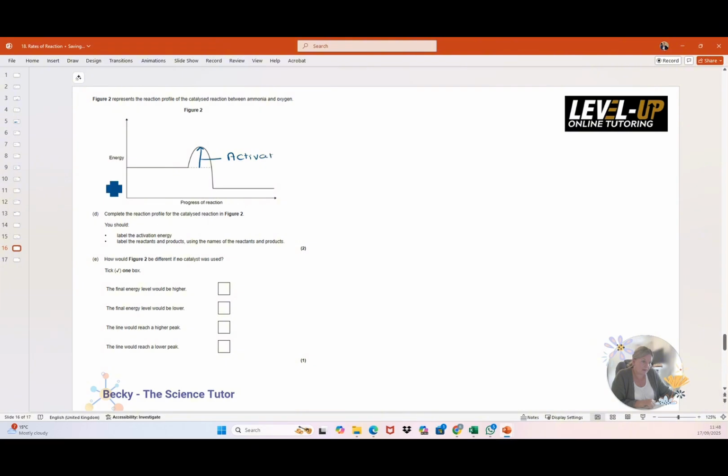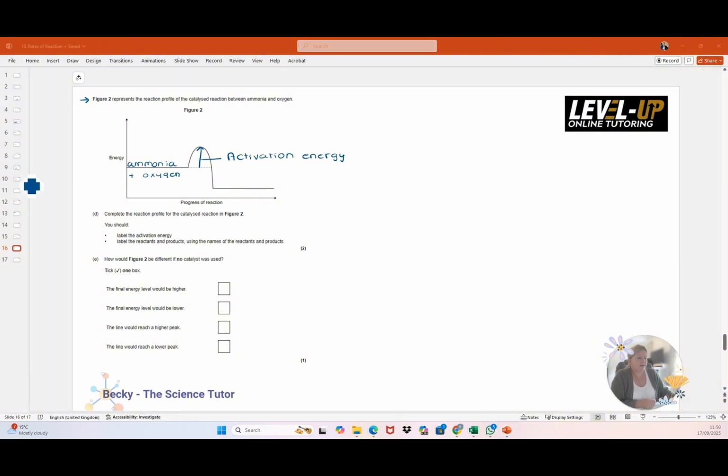So we label activation energy, and then we need to label the reactants and the products using the names of the reactants and products. Okay, so it tells us that information. So it represents a profile of a catalyzed reaction between ammonia and oxygen. So we're actually going to write these on, ammonia and oxygen, and then we need to know what it is that is produced between those.